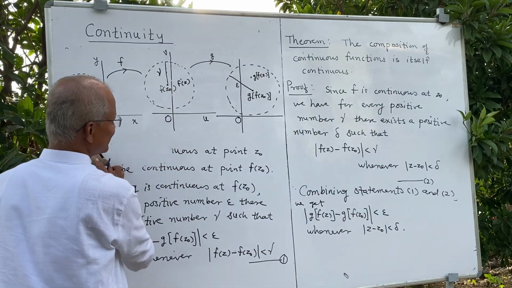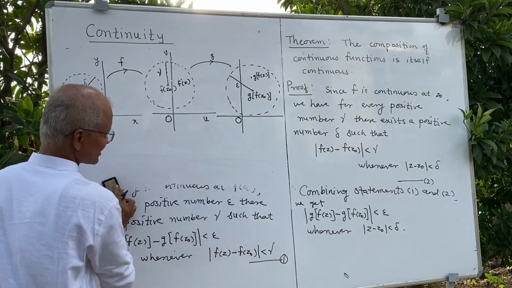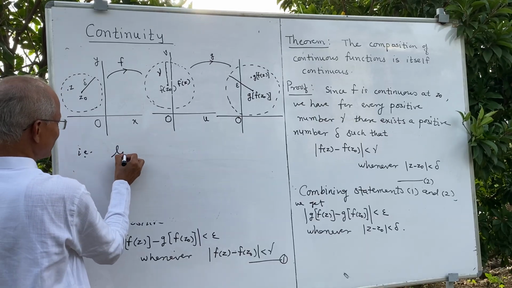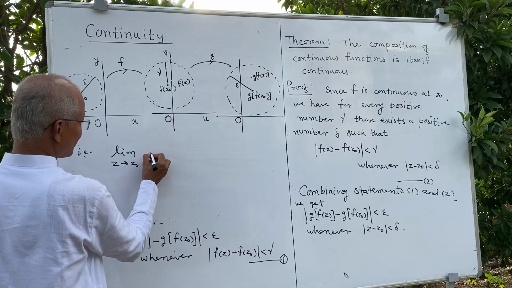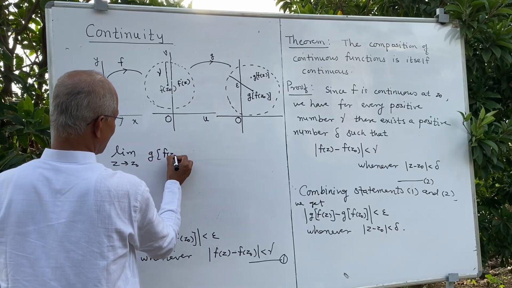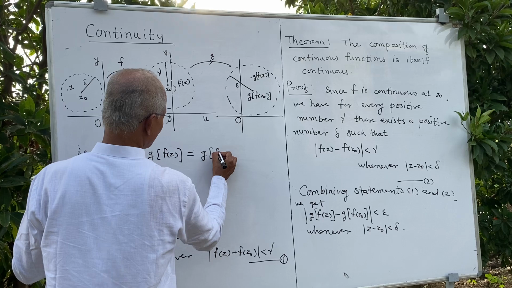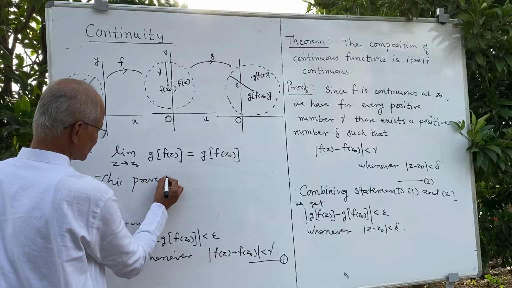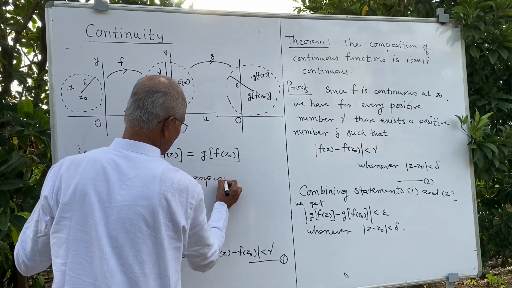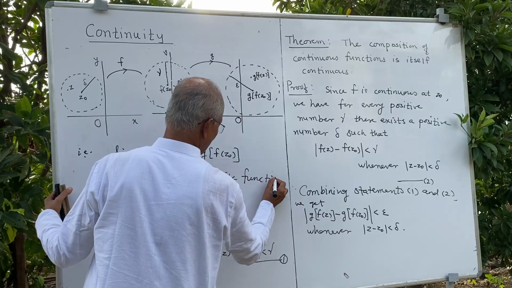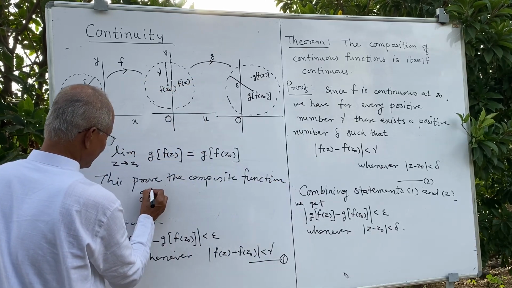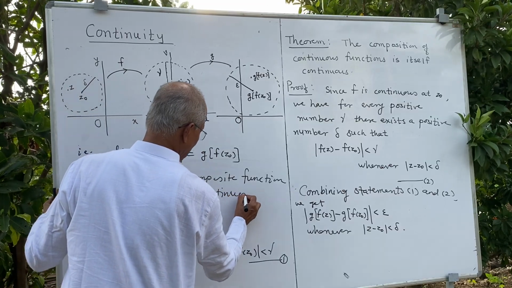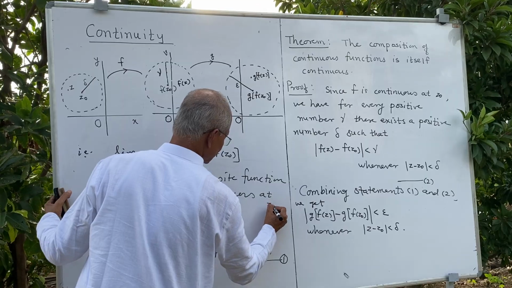That means the composition of two functions is continuous, or in the form of limit, that can be written as limit z tends to z naught of g of f of z is equal to g of f of z naught, and this proves the composite function, that is g of f of z, is continuous at point z naught.